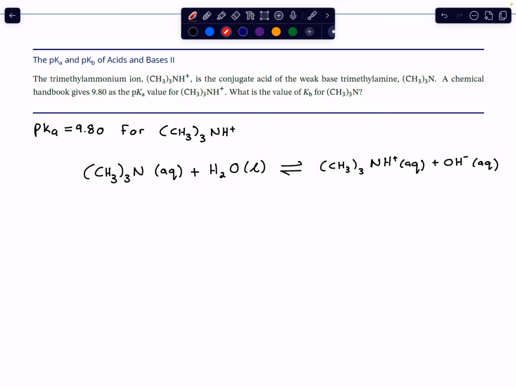And what we are interested in calculating is the Kb for this base in water.